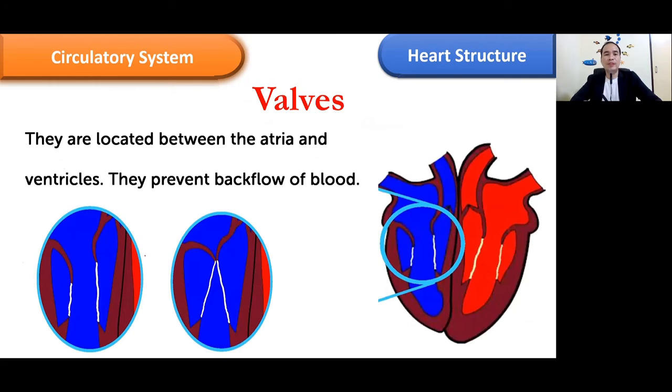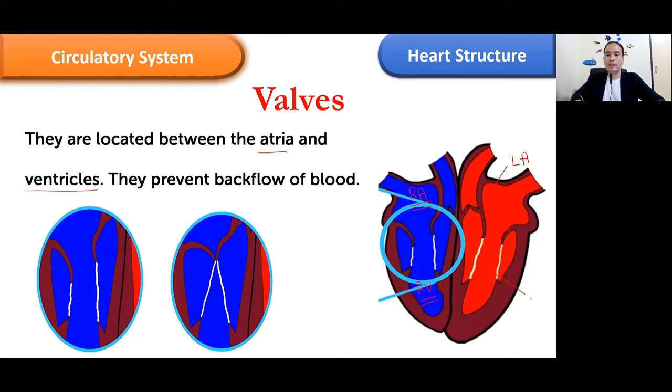Okay, so the valves are located between the atria and the ventricles. So what is this chamber? Okay, this is your right atrium. This is your right ventricle. What is this? Your left atrium.